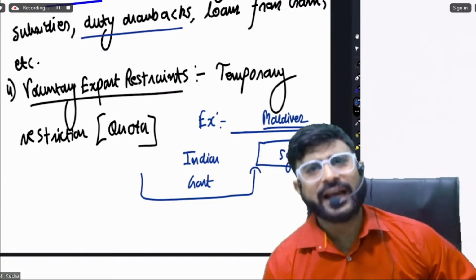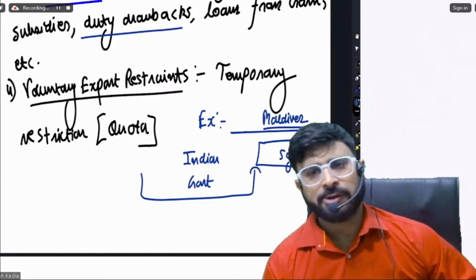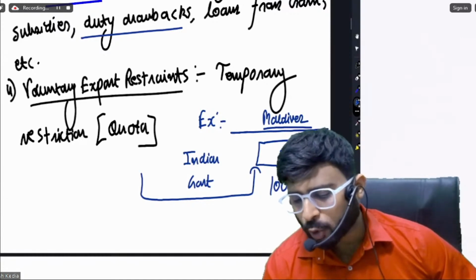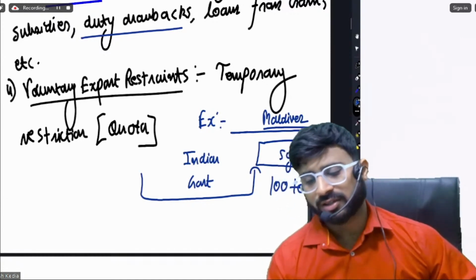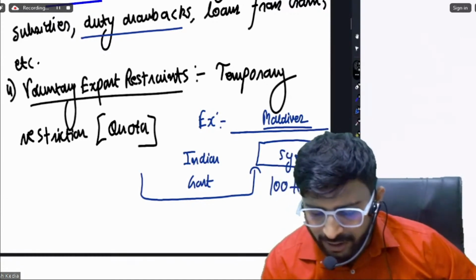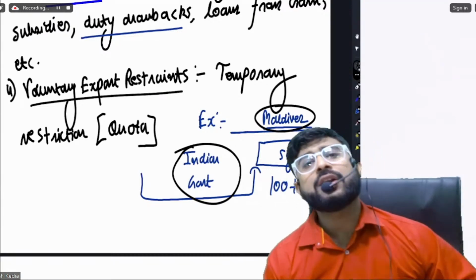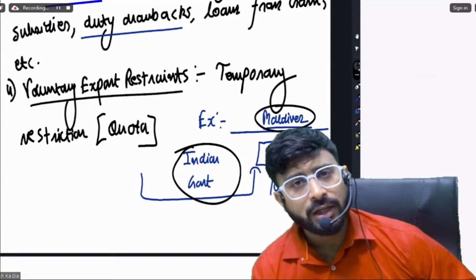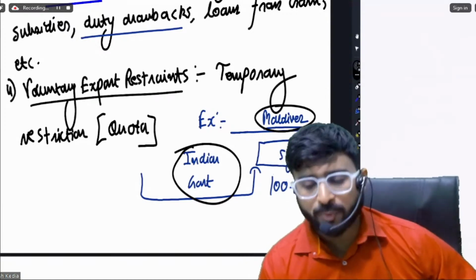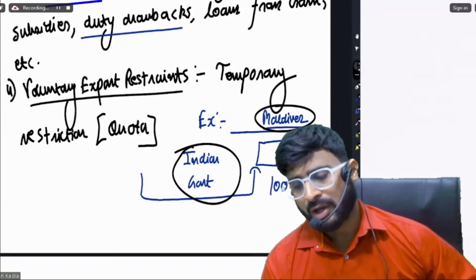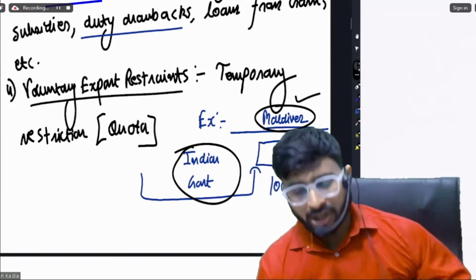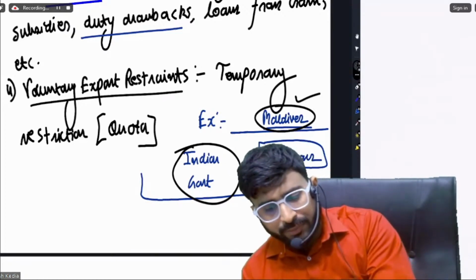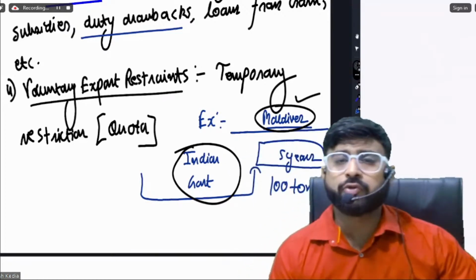Suppose India exports rice, it will be limited to 100 tons and not beyond 100 tons. Why? Because the Indian government is not happy with the way the Maldives government is dealing with India politically. So these are generally based on political considerations. And if the importing country, Maldives, improves its relations with India, then the Indian government can remove this quota restriction.